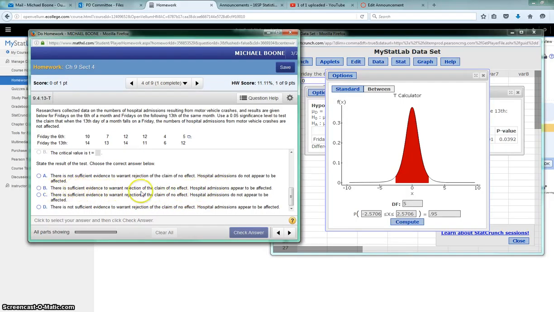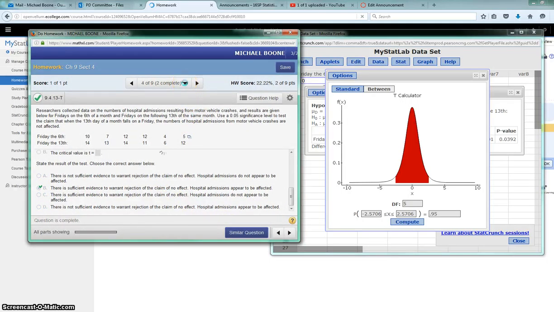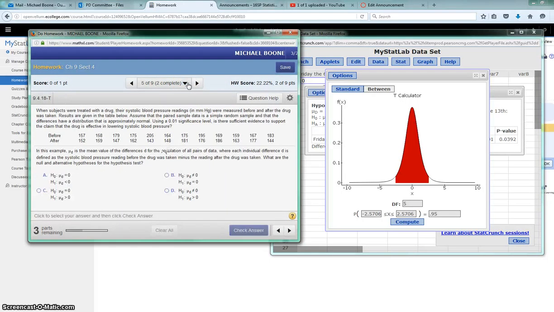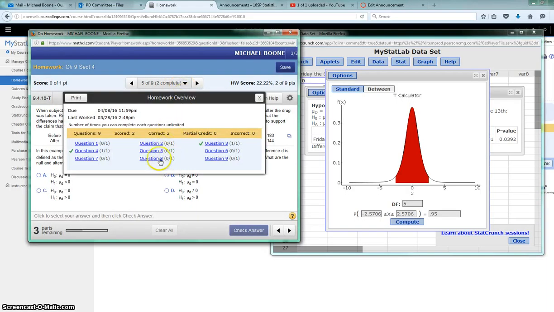So there is sufficient evidence that hospital admissions appear to be affected. And that's because we're looking at dependent samples in this problem.